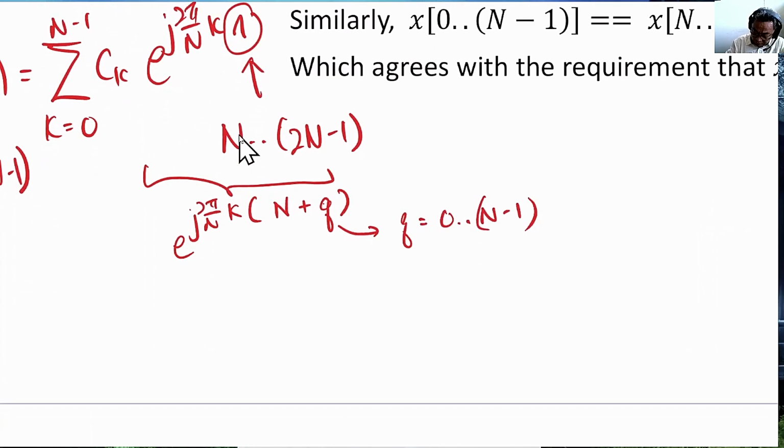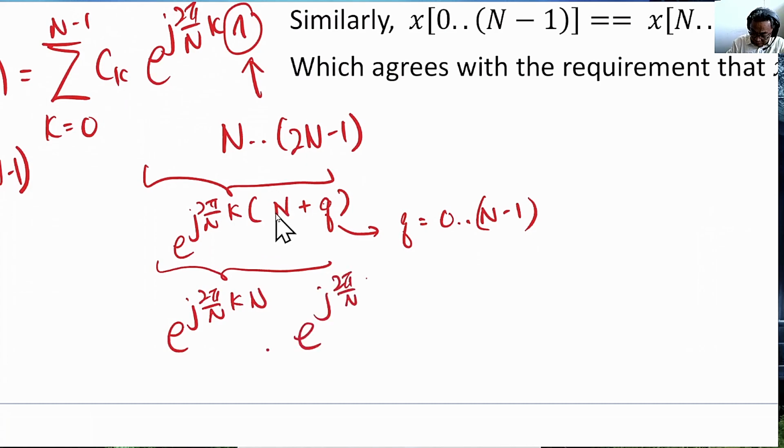So this is trying to say that we start from N, and we add a small value from 0 to N minus 1 to satisfy this range. And we can now break the exponential up into two parts. The first part is using k and big N, and the second part is using k and q.